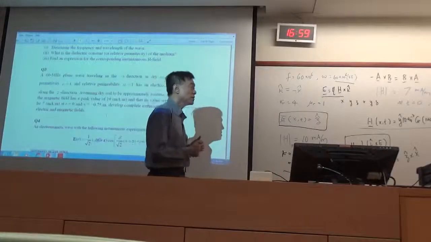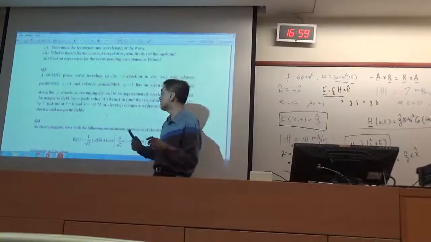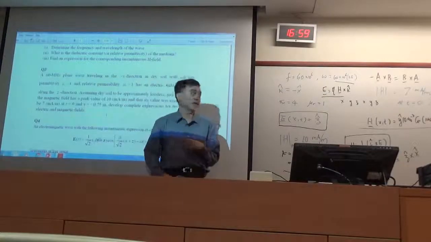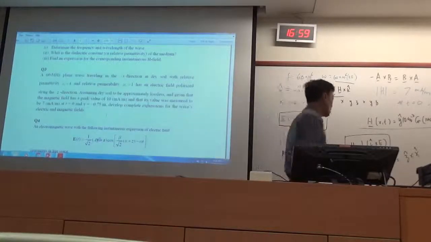Then it says that the value is equal to 7 milliampere per meter at t equal to 0 and x equal to 0.5. So what does it mean?